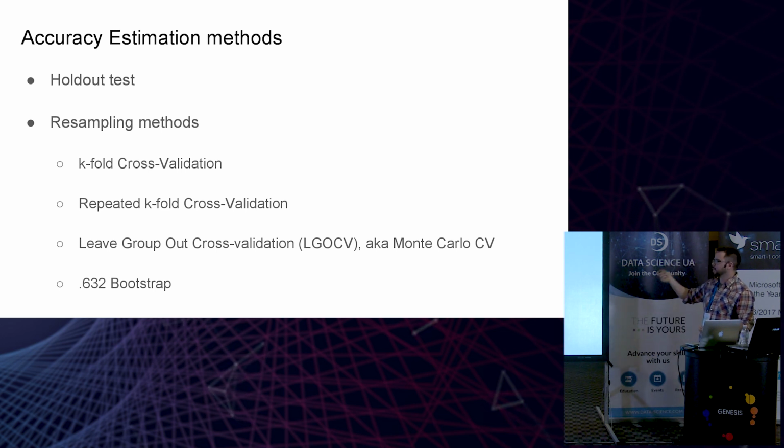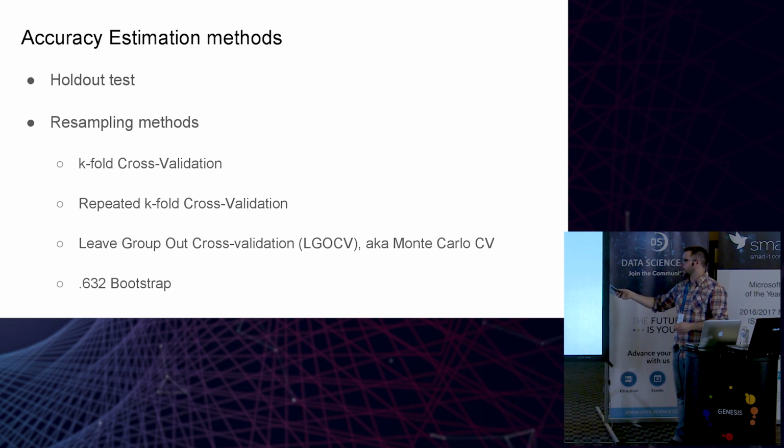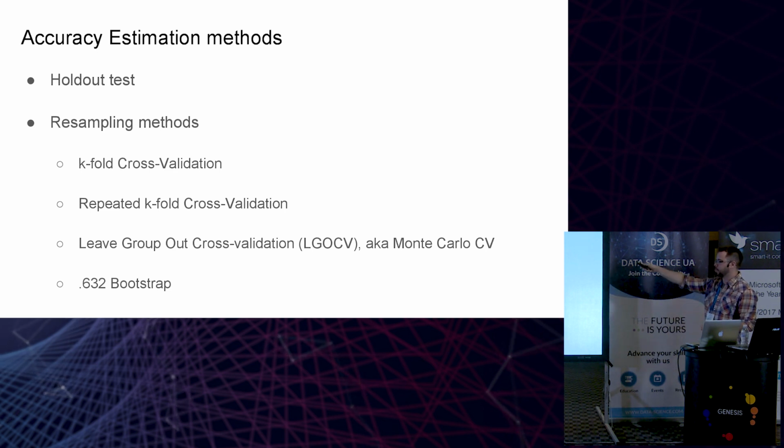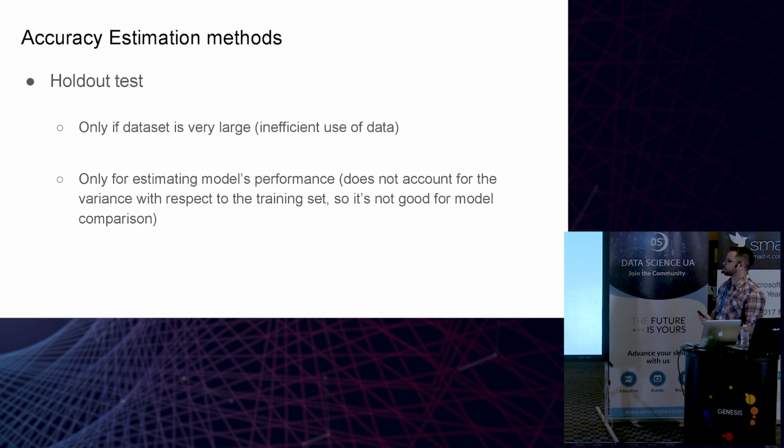And you have also repeated cross-validation, which is taking the average of many cross-validations. You also have leave group out cross-validation, and you also have the bootstrap. I will be just talking this time about cross-validation because the other ones, even though bootstrap can be competitive with k-fold, actually Monte Carlo cross-validation is not, in general, that good.